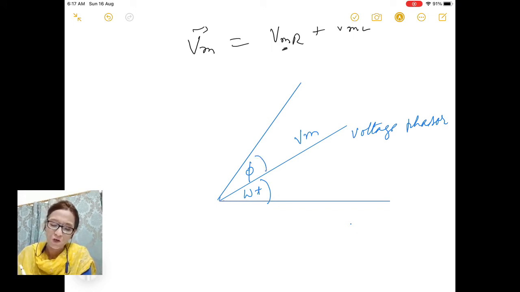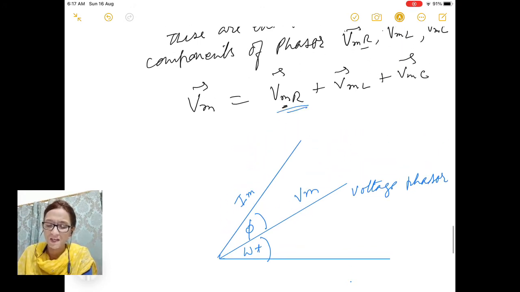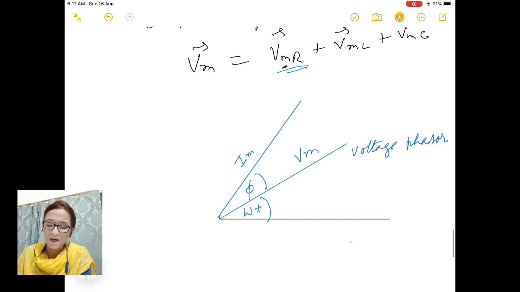So here you have current phasor, the magnitude of which is given by current amplitude. Now we know that in a purely resistive circuit, current and voltage phasors are in the same phase, in the same direction. So this will also represent the voltage phasor in a purely resistive circuit.